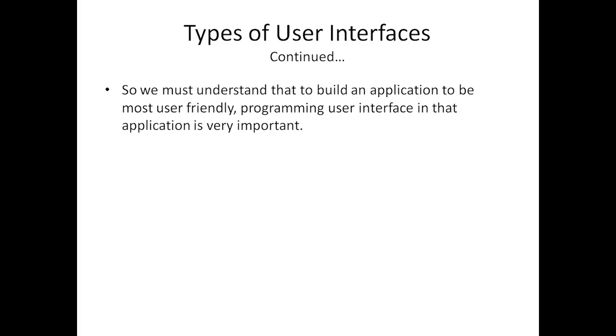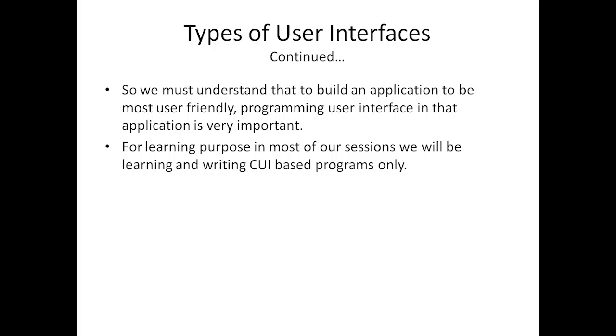So we must understand that to build an application to be most user-friendly, programming the user interface in that application is very important. For learning purposes, in most of our sessions, we will be learning and writing CUI-based programs only.